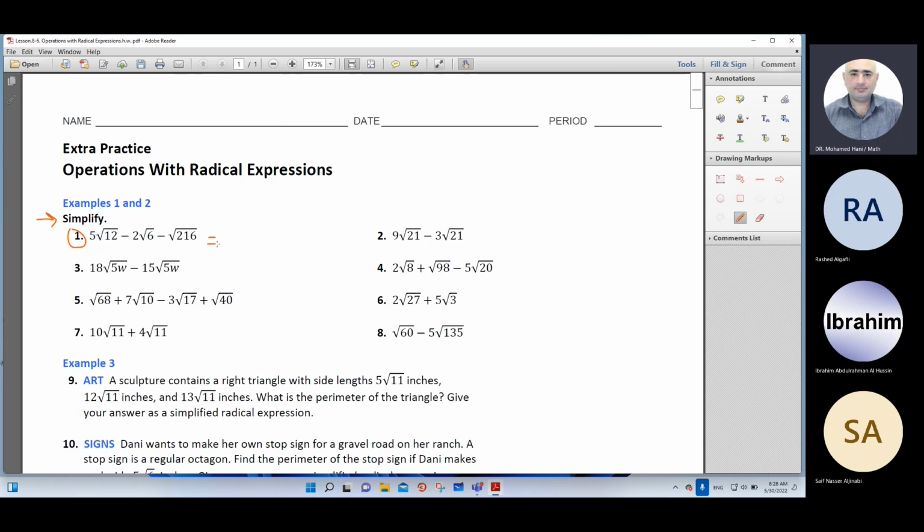Right. As you remember, 12 equals what? Equals 2 times 6. And here you have minus 2 square root of 6. And as you remember, 216 means 6 times 6 times 6, or 36 times 6.